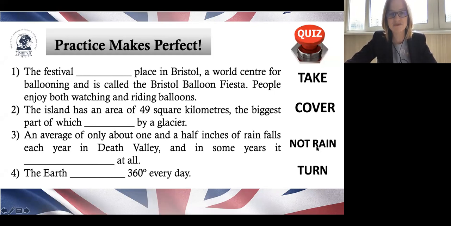The island has an area of 49 square kilometers, the biggest part of which, right, glacier, is covered. Covered, is covered. Okay. Any other versions of sentence number 3?